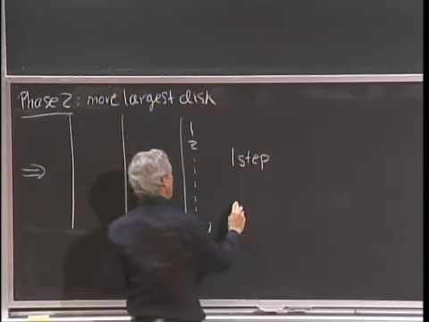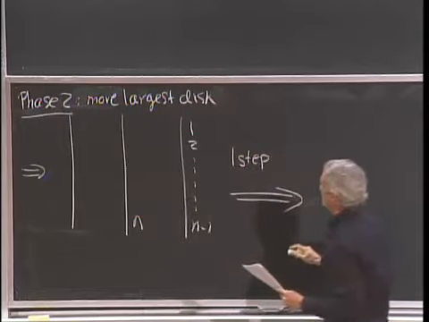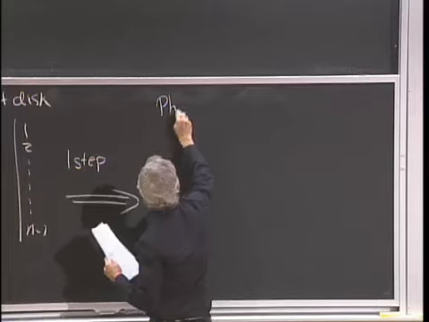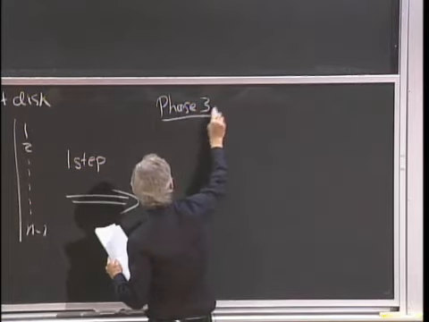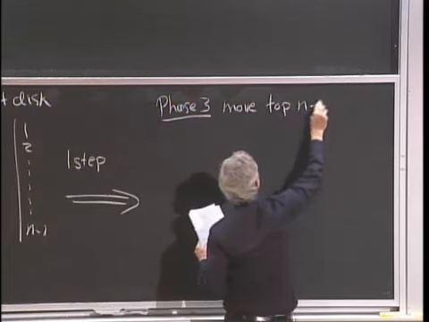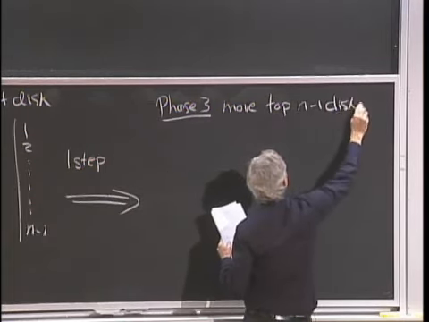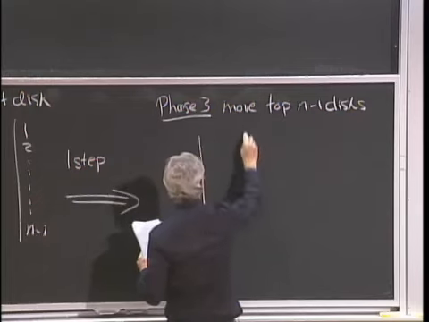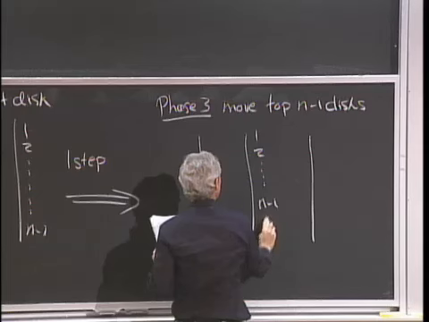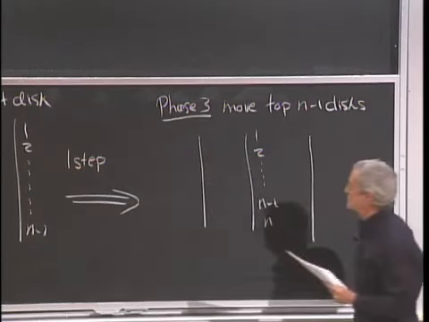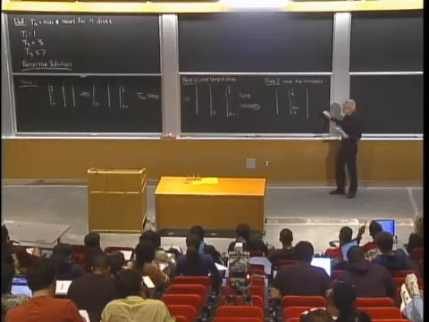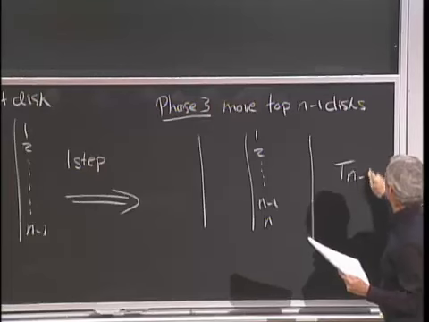And then my last phase is to take all these and move them onto here. And so then it looks like the final result, 1, 2 over n minus 1 over n. And how many steps does phase 3 take? T(n minus 1). Good.